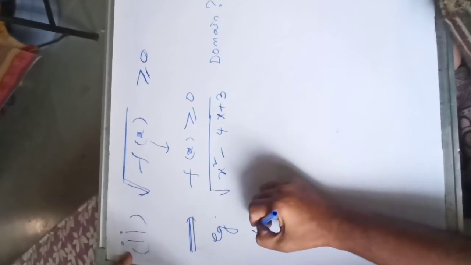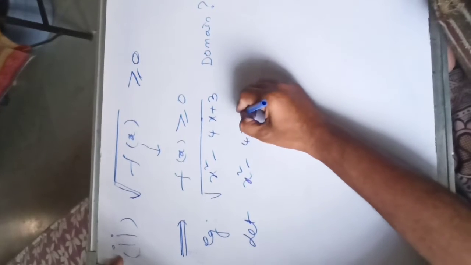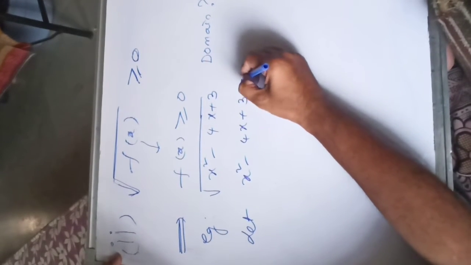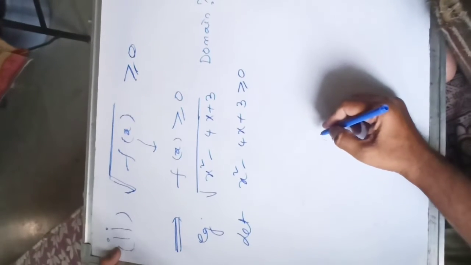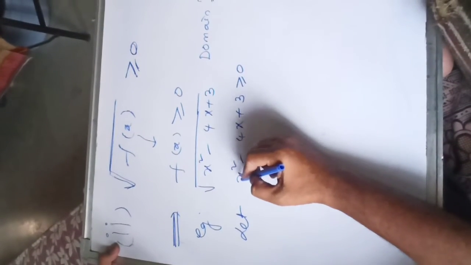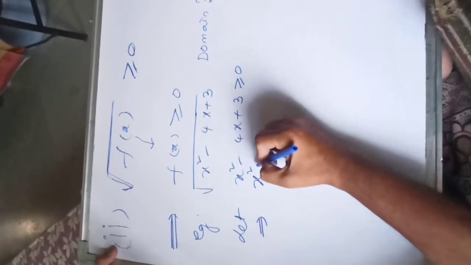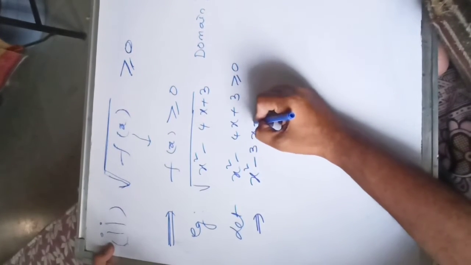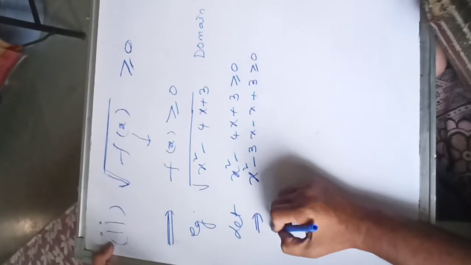So we take x square minus 4x plus 3 is greater than or equal to 0. Okay, so this is a quadratic expression. If you find the factors, that implies x square minus 3x minus x plus 3 is greater than or equal to 0.